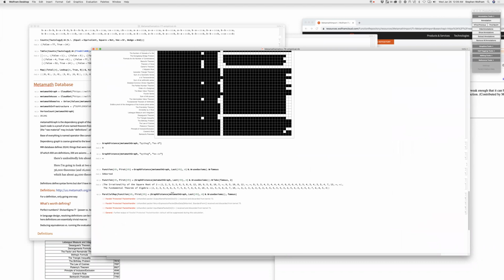So now what we want to do here is to say mmg distance equals graph distance of Metamath graph.